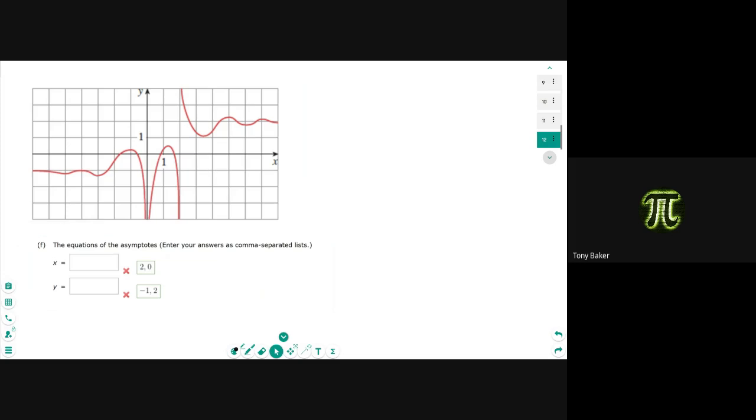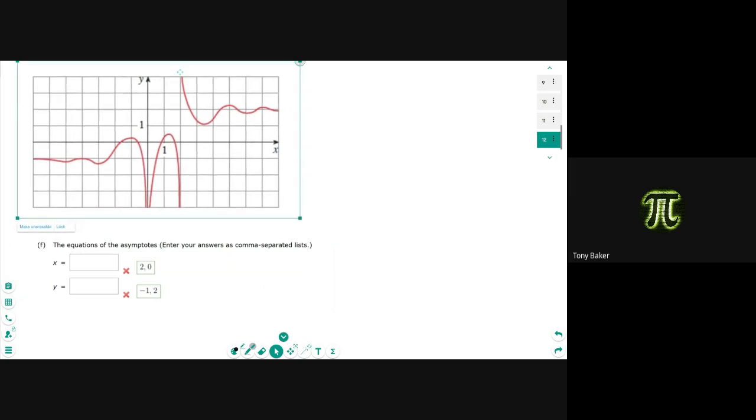So when you're looking for the asymptotes, you're looking for vertical asymptotes and you're looking for horizontal asymptotes. So we have 2 vertical asymptotes. That's the 2 and the 0.